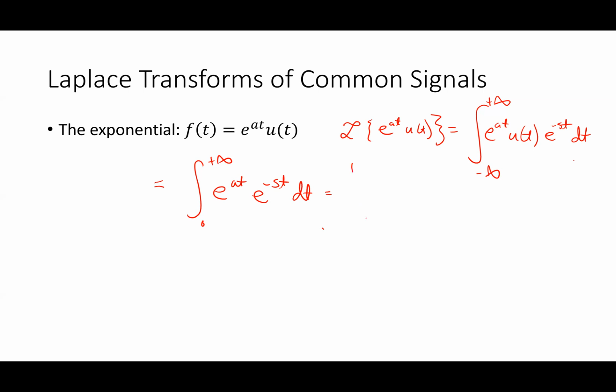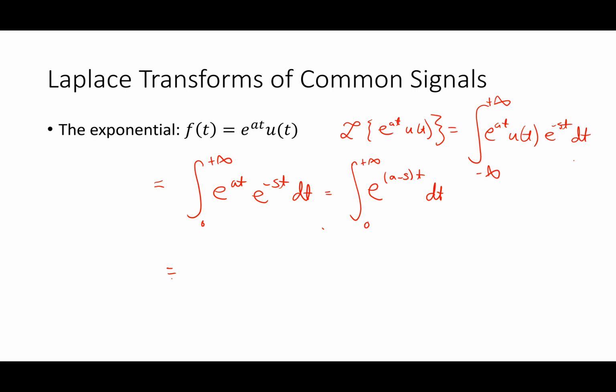So basically this becomes the integral from 0 to infinity of e to the (a minus s)t dt, like that. All right, and this becomes what?